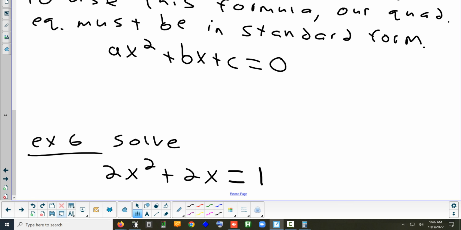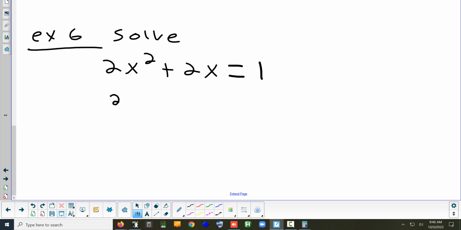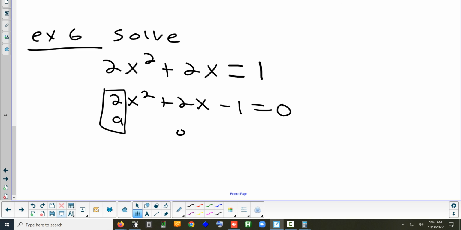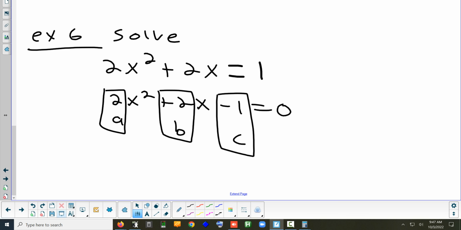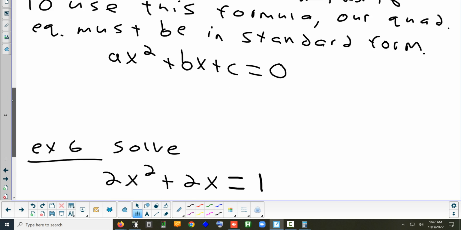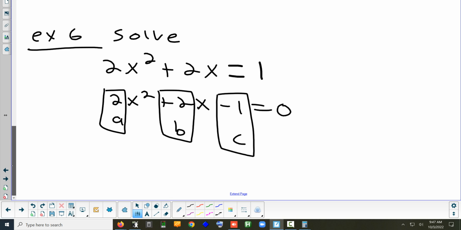The easiest thing we could do to get 0 on one side. Subtract both sides. Yep. So 2x squared plus 2x minus 1. That's A. That's B. And that's your C. So let's fill it in to the quadratic formula and see what we get.